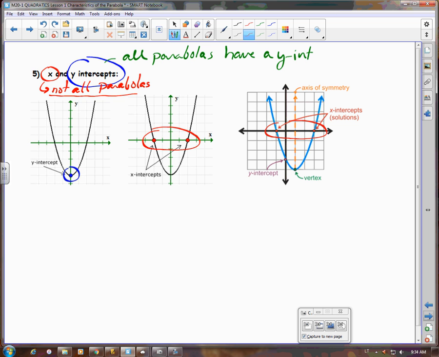Notice this last one here says solutions. That would be the solution to replacing the y with 0. In other words, it's the solution to the quadratic equation set equal to 0. So all parabolas have y-intercepts, but not all parabolas have x-intercepts. Some have one x-intercept, some have two, and some have none.